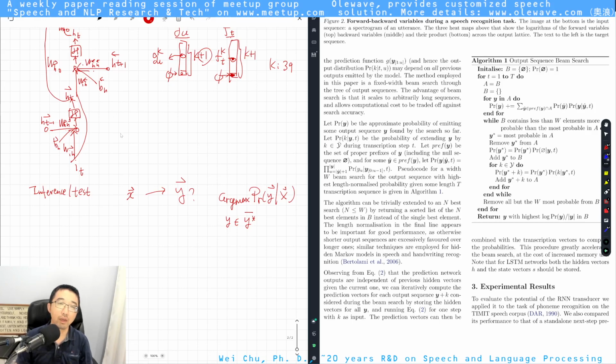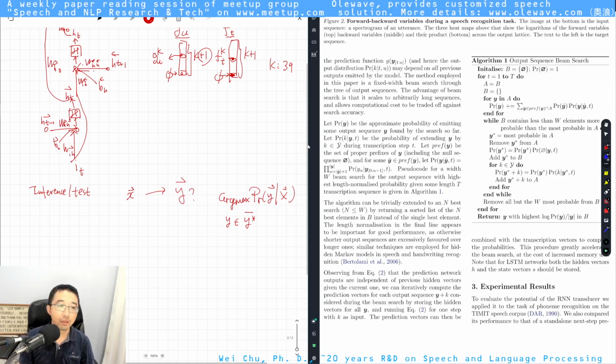Let me make a note here. I think initially the raw output of the Y includes these null or blank symbols, but it's easier to just squeeze it down so you can get a human readable output sequence.